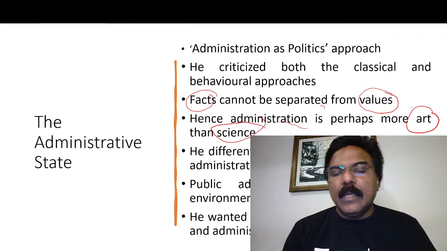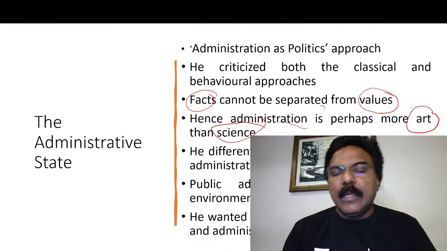Just like Wilson, if you take Wilson, he wrote 3 drafts on this study of public administration. Each time he was improving his thoughts, right? So similarly, Waldo also wanted to treat public administration as a part of political science.